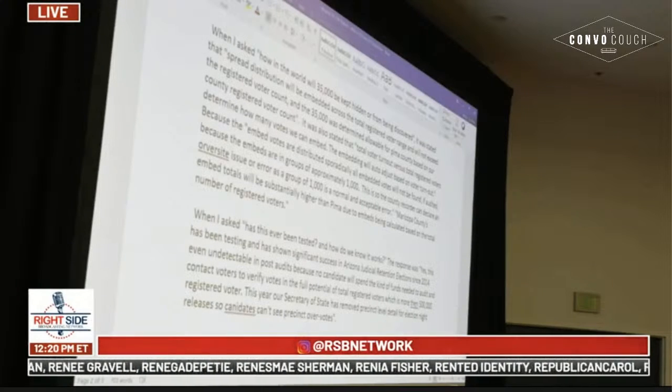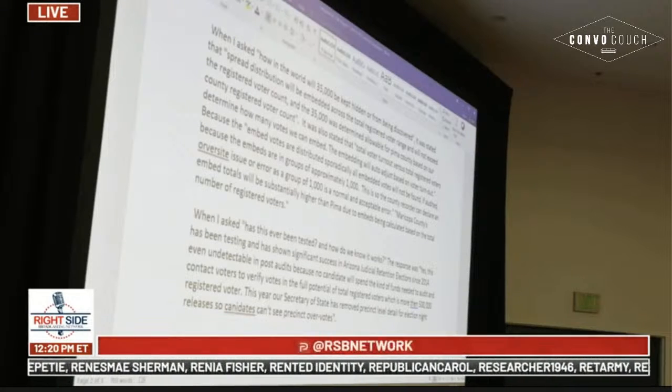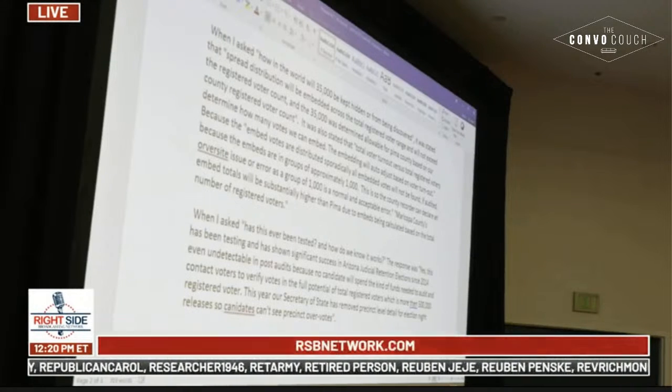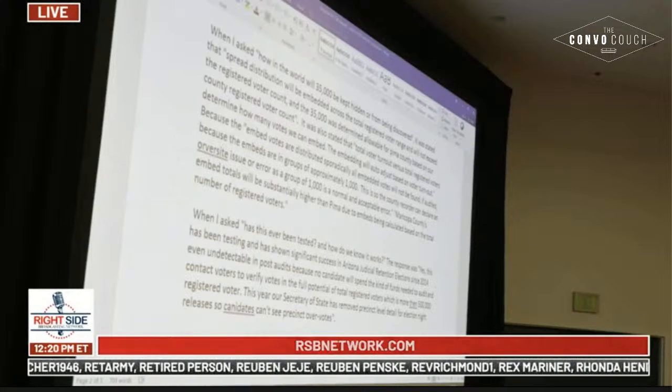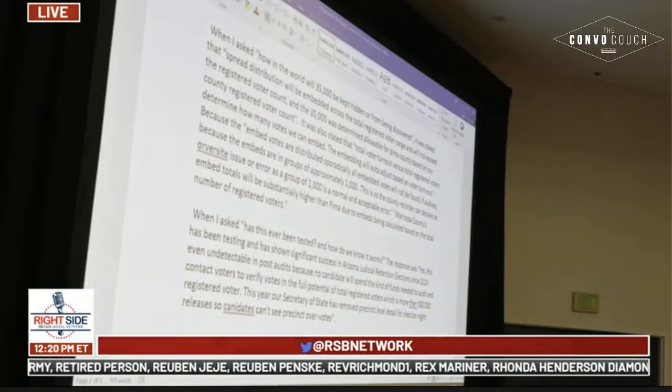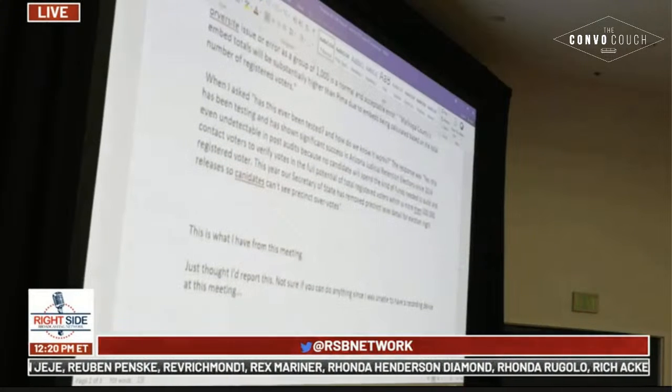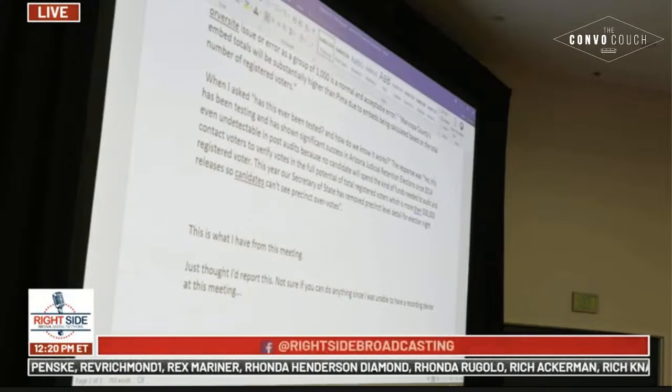This is so the county recorder can declare an oversight issue or error, as groups of 1,000 is a normal and acceptable error. So if you believe that your one vote counts for one vote, this is... Maricopa County's embed totals will be substantially higher than Pima due to embeds being calculated based on the total number of registered voters.